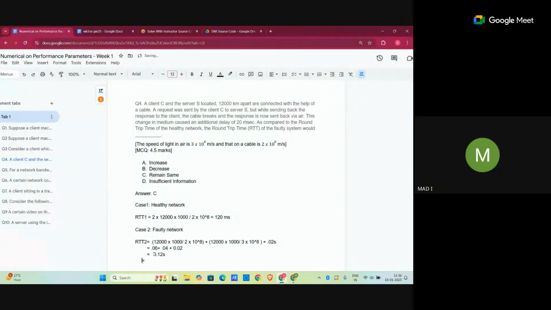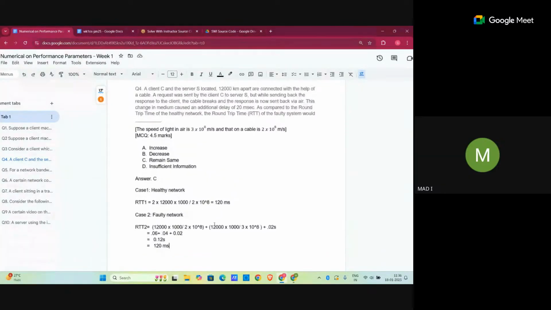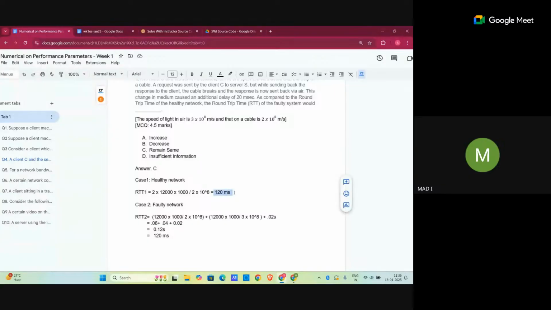This will be equals to 120 milliseconds. So in both the cases, even though there was change of medium, when we calculated the round trip time, for both the cases it is coming as 120 milliseconds. That's why the answer remains same.